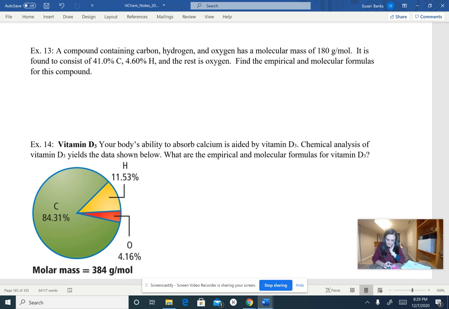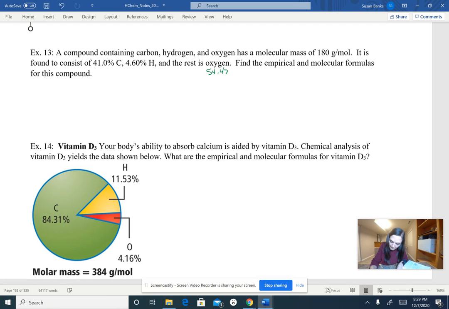So 100 minus 41 and also minus 4.6 gives me 54.4% oxygen. So that's what we're going to use for our oxygen.